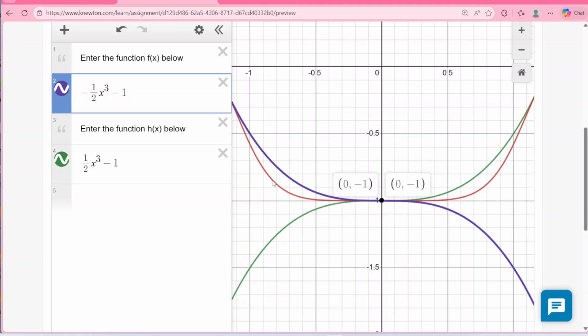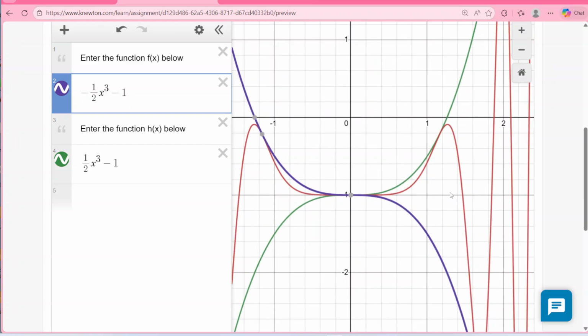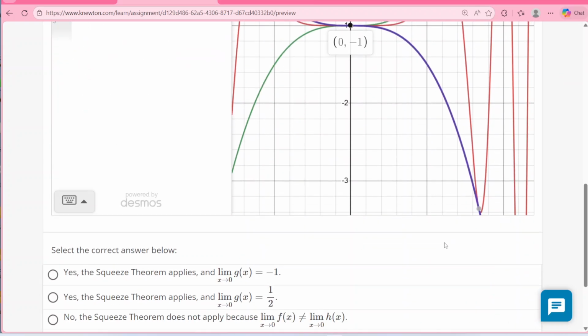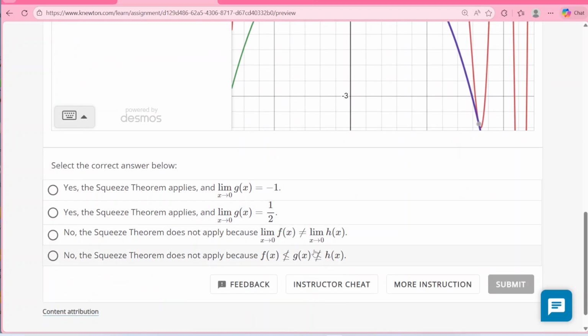So because those two are both approaching the same thing, and the red graph is between them, the red graph must also be approaching 0, negative 1. So yes, the squeeze theorem does apply. These two outer functions are approaching the same location, so that middle one must be approaching the same location, and that limit is negative 1.